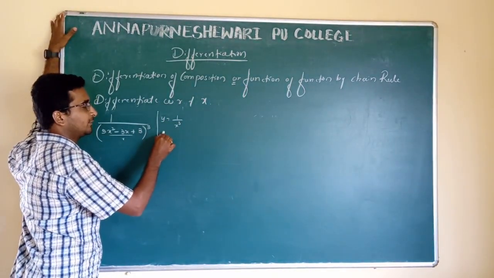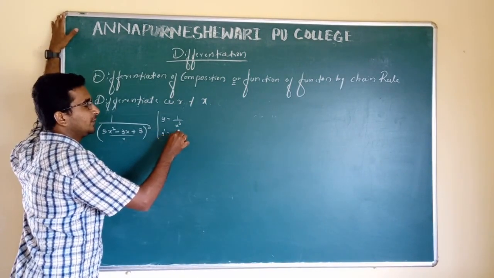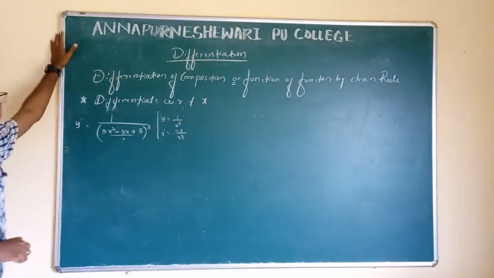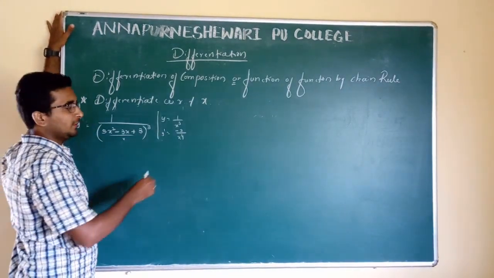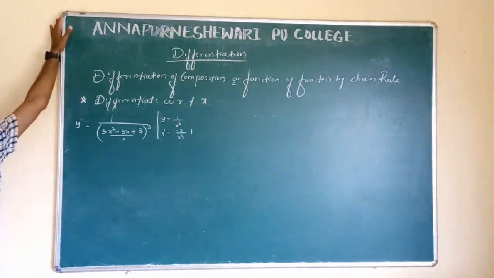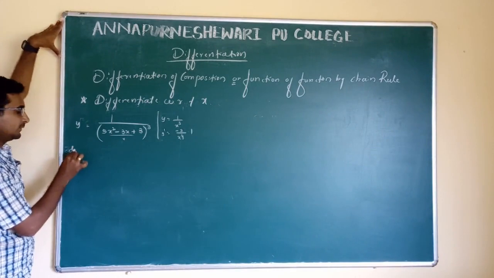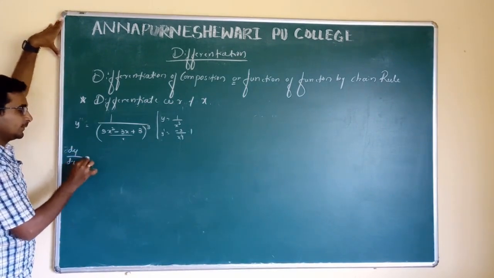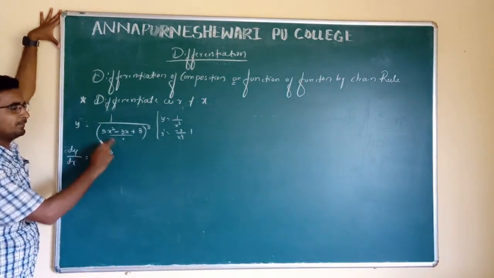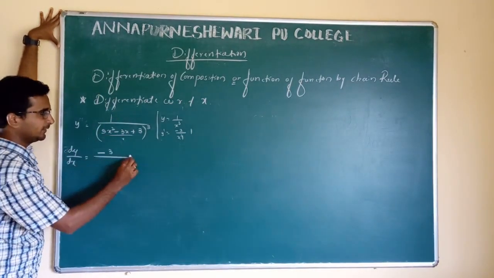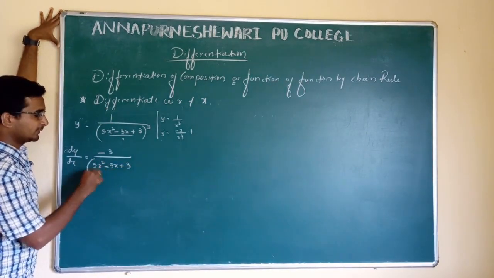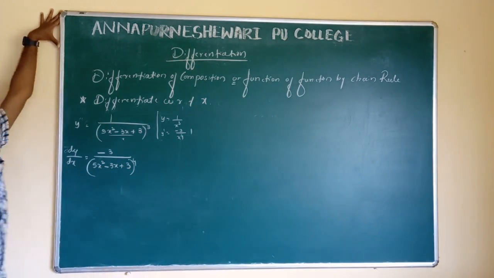So for 1 divided by x cube, y dash is minus 3 divided by x raised to 4. That is, minus n divided by x raised to n plus 1. Getting? So x cube is over, then differentiation of x is very simple. So here dy by dx is equal to minus 3 divided by, wherever x is there, put 5x square minus 3x plus 3, whole raised to 4.